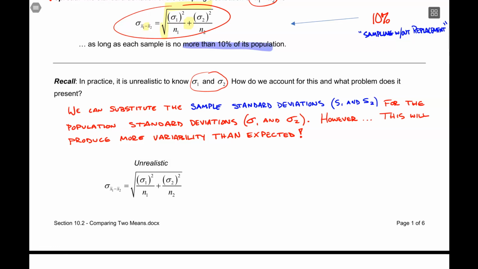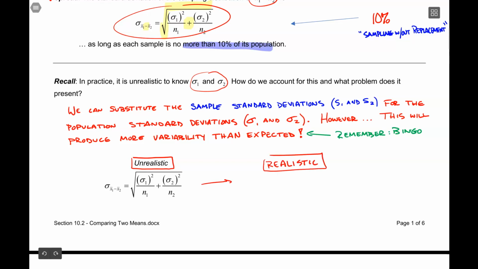And I want you to remember when we played class bingo. That was the example that illustrated this. So how do we account for that? Well, if this is unrealistic, and we use something that's more realistic, which is the standard error of x bar 1 minus x bar 2.